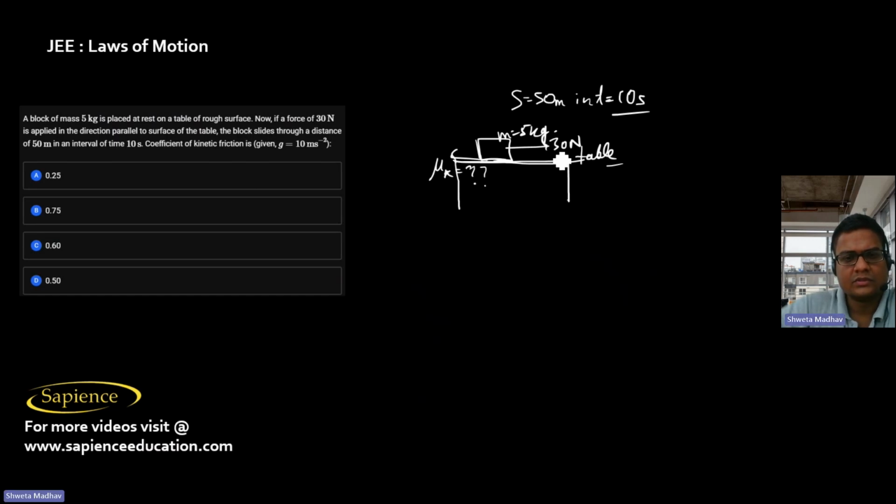So 30 Newton force is applied. If this is the applied force and this is the frictional force, then the frictional force is the kinetic friction, which is mu k into n. And here normal reaction will be the same as mg only.